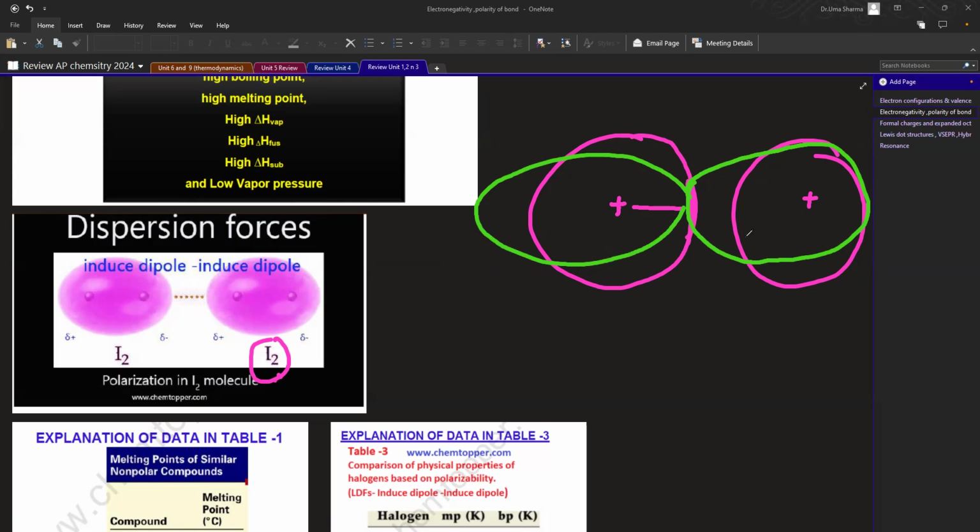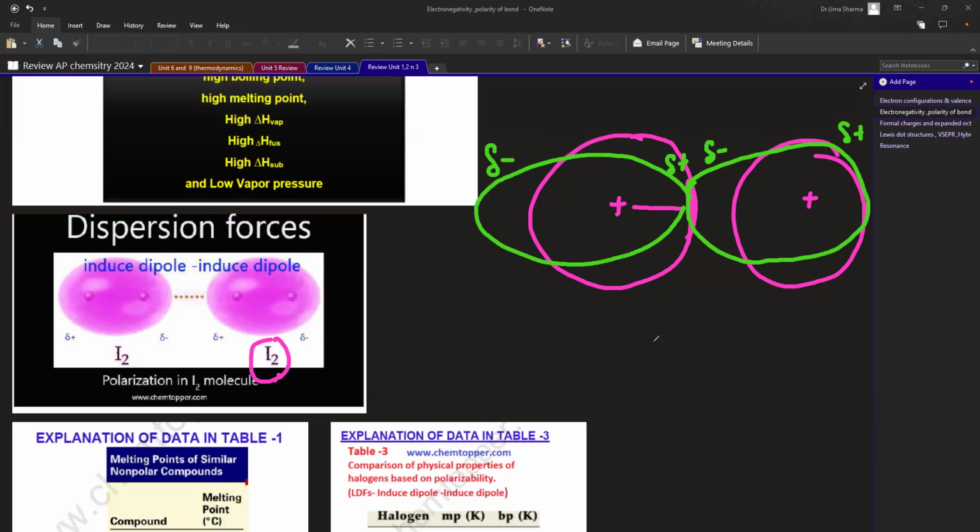When this happens, a slight negative and positive charge is created like this. This is a very weak dipole, a temporary dipole. It comes and goes off like this. It's not a permanent dipole.